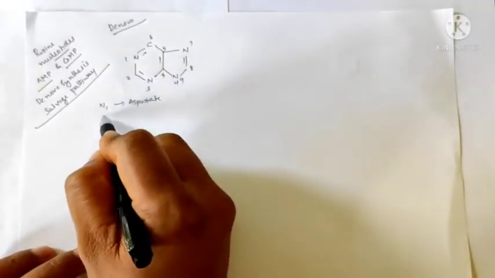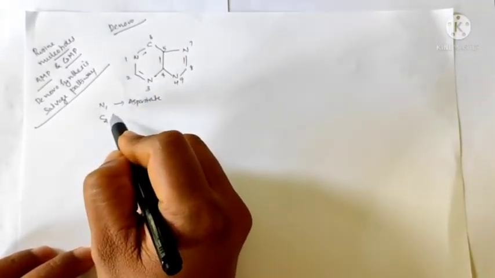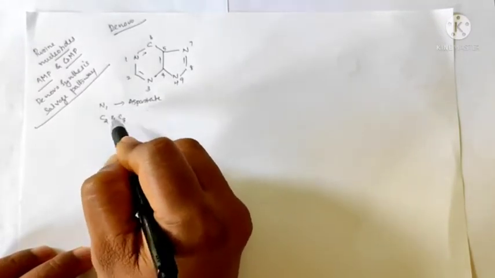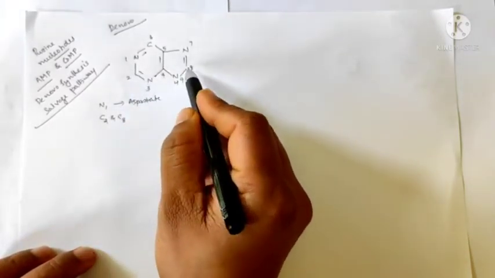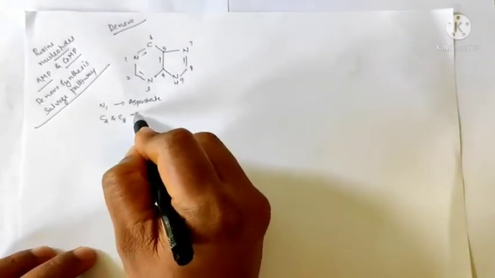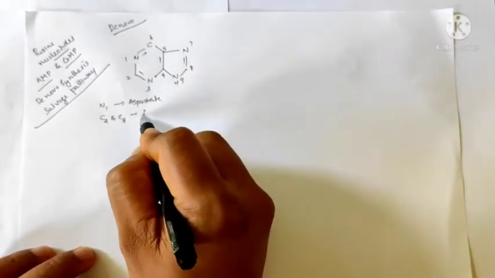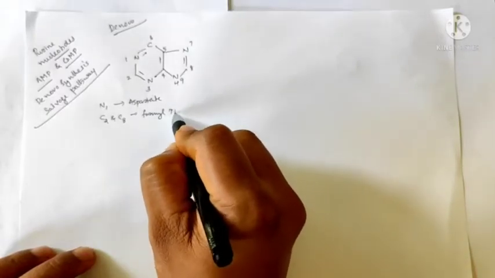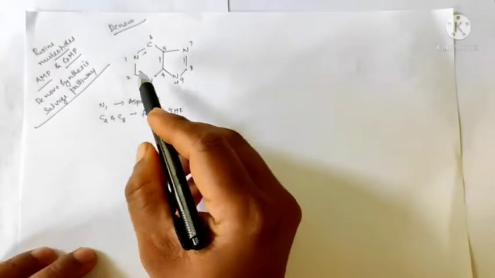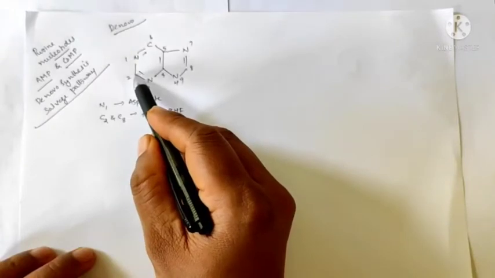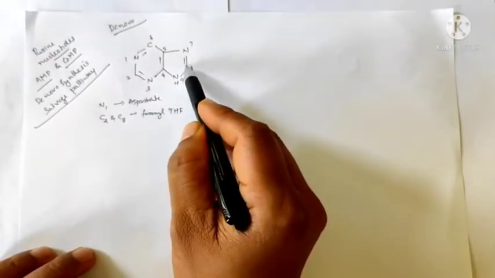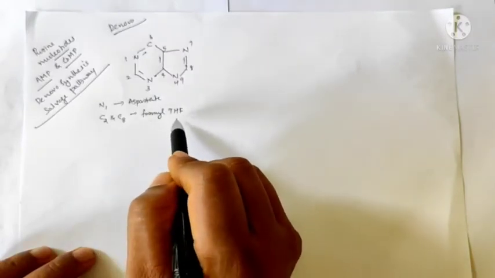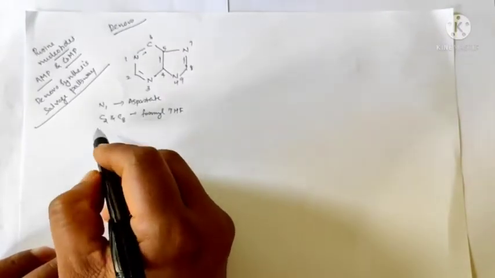Then the second position carbon and the 8th position carbon, C2 and C8, are obtained from formyl tetrahydrofolate.